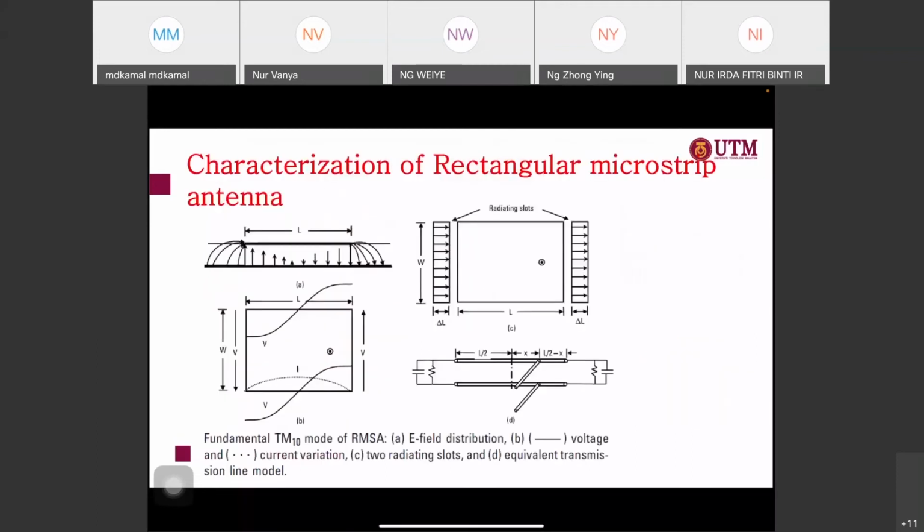What we can see here is the characterization of the rectangular microstrip. So this is the L again, I show you here L. This is your field inside the substrate, and then this is the fringing field.